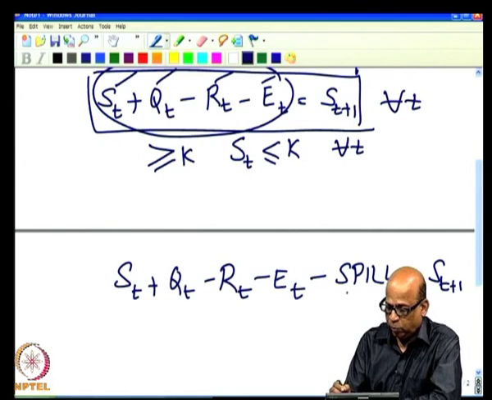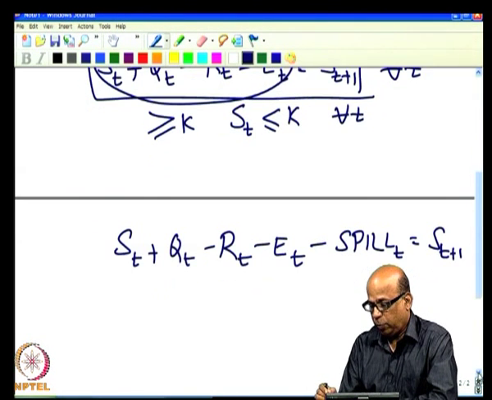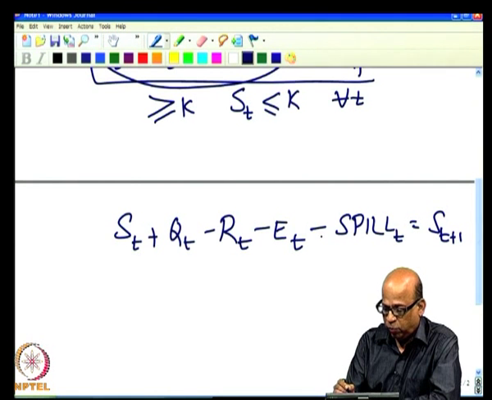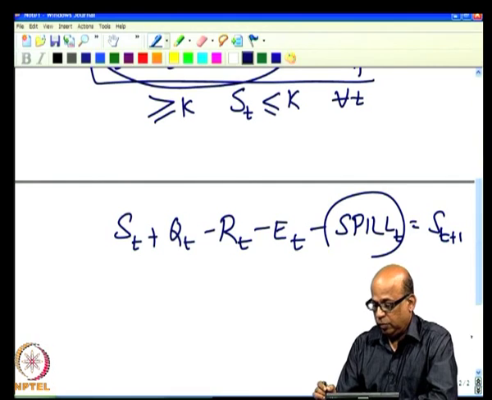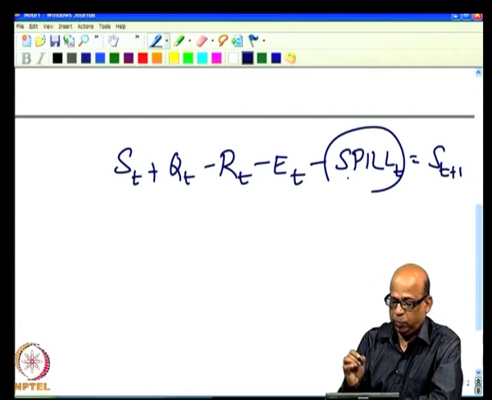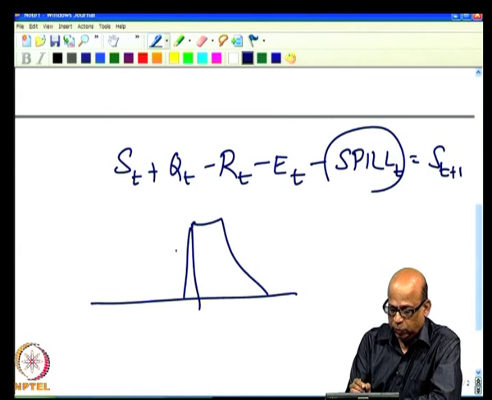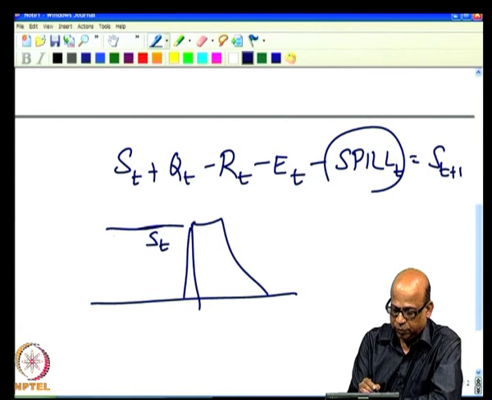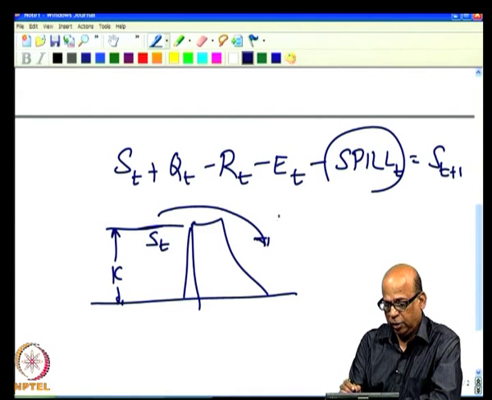Therefore, you put spill t as another term, so that the optimization problem can account for the additional water through spill t. Now, you understand what will happen the moment we put spill t. Our concept of including the spill t was that as soon as the storage exceeds the capacity, in terms of the volume, the additional volume should go as spill, only the additional volume.